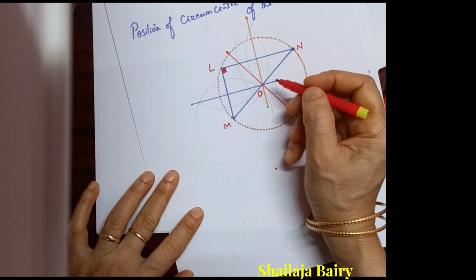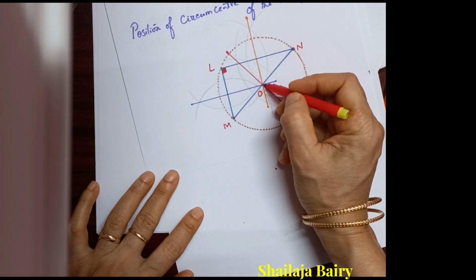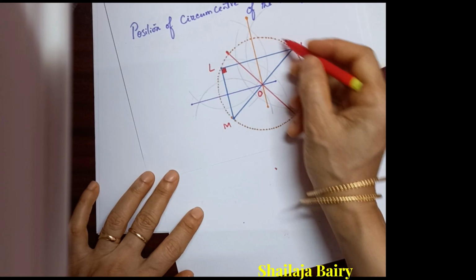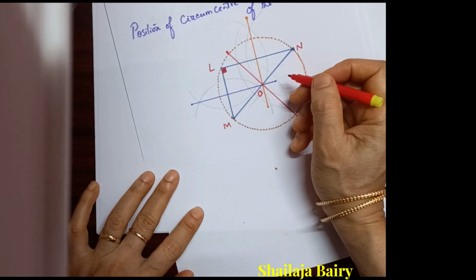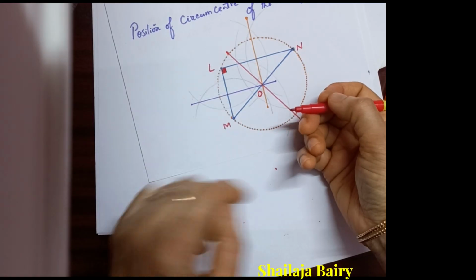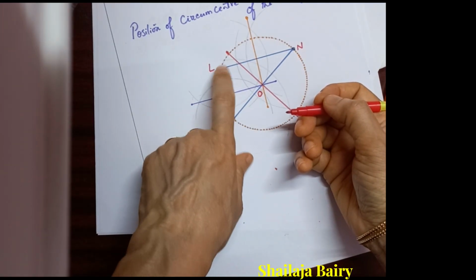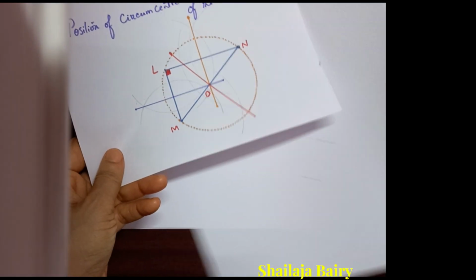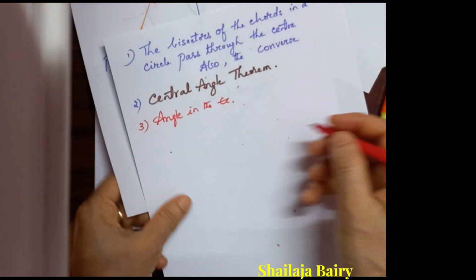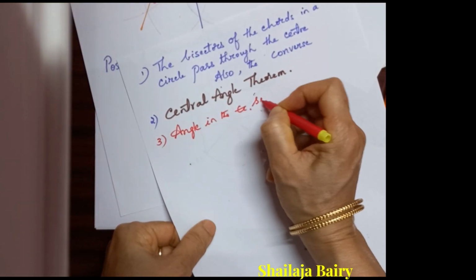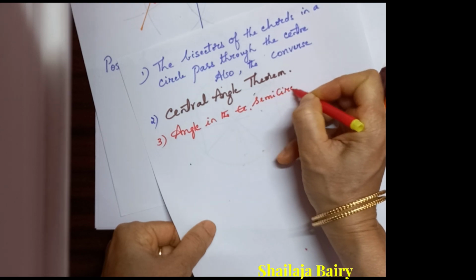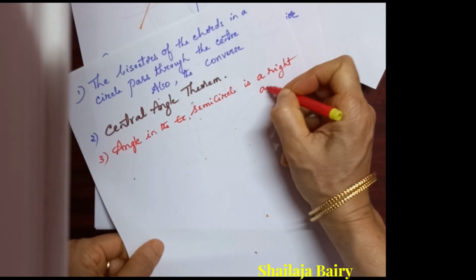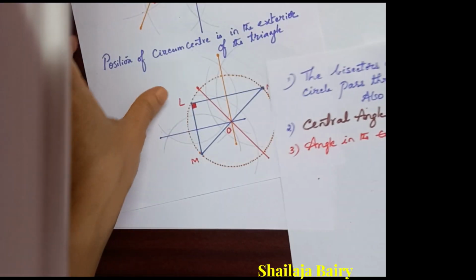So any right angle triangle will have its circumcenter at the midpoint of the hypotenuse, and in such a case the semicircle will enclose the right angled triangle, and the angle subtended at the semicircle is always 90 degrees. So we can write it as: angle in the semicircle is a right angle, and that measures 90 degrees.